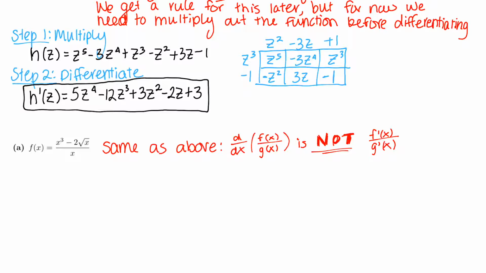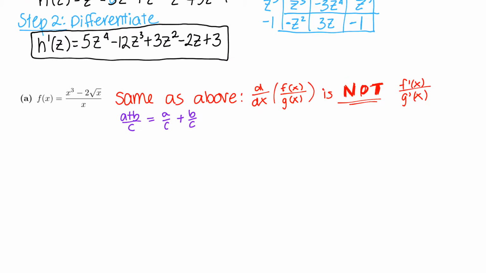So instead, what we're going to do is some fraction math. So what we know is if you have a plus b over c, this is the same as a over c plus b over c. Essentially, you can give that denominator to everybody, and that's what we're going to do. We're going to distribute the denominator to each term in the numerator.